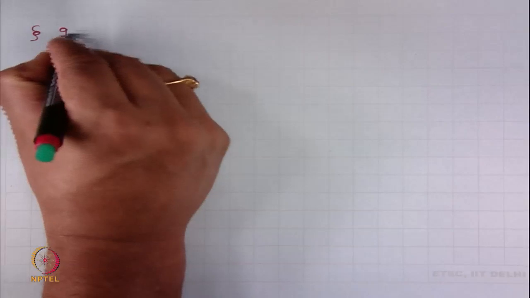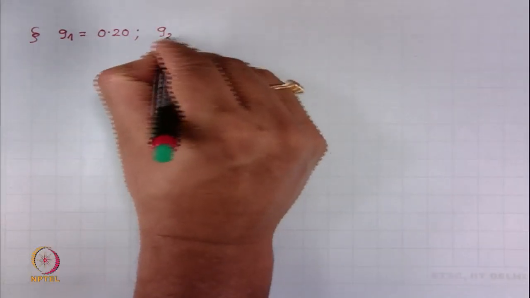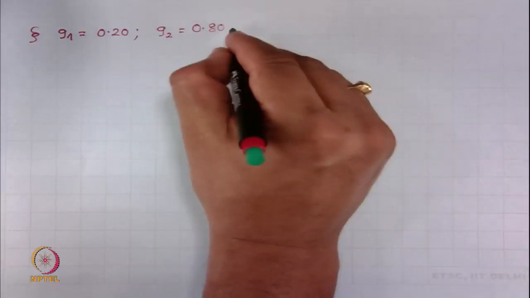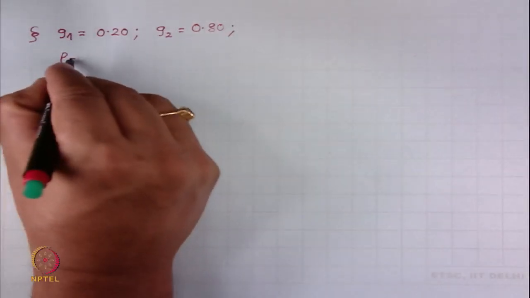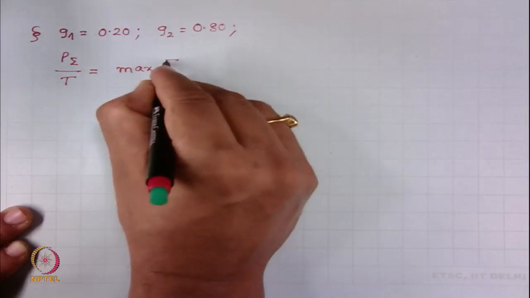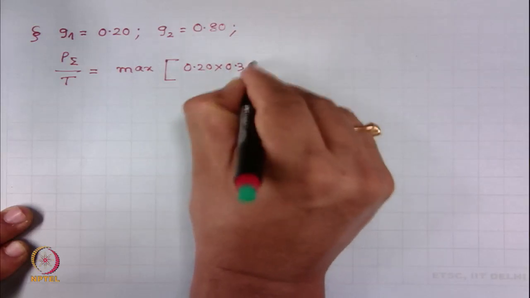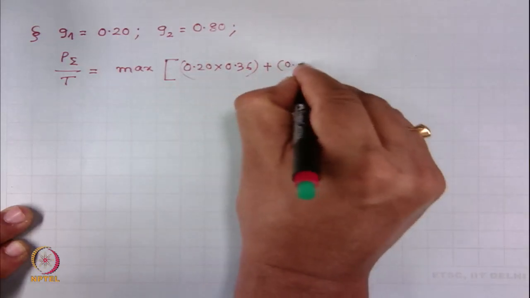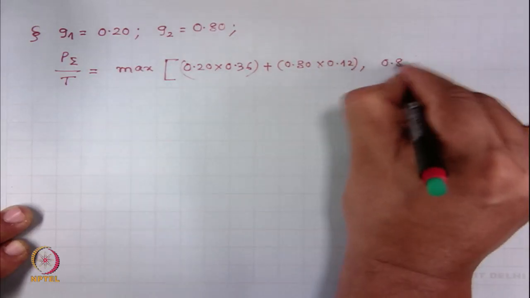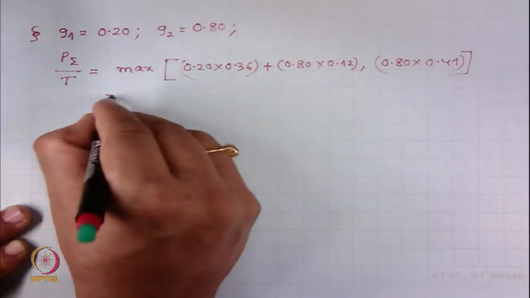Next blend ratio, G1 is 0.20 and G2 is 0.80. So, at this blend ratio, bundle tenacity will be maximum of these two: 0.20 into 0.36 plus 0.80 into 0.12, comma, 0.80 into 0.41.